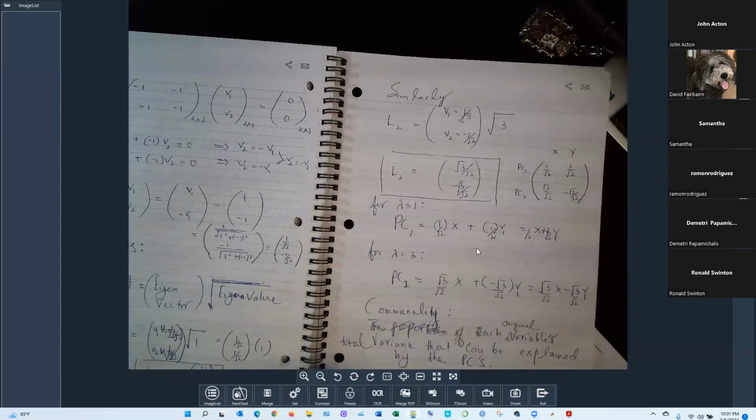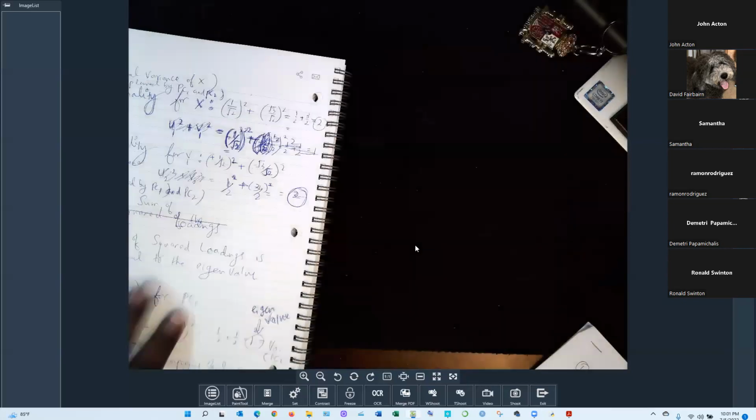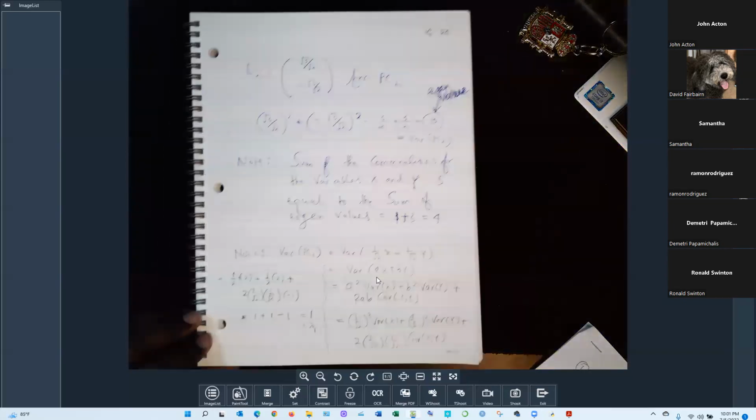That means we have to decide, when you build the principal components, I have 2 of them. How many principal components should we retain for our further analysis? It's determined by several rules and criteria. We can come to that, but get a rough idea of what's going on here.